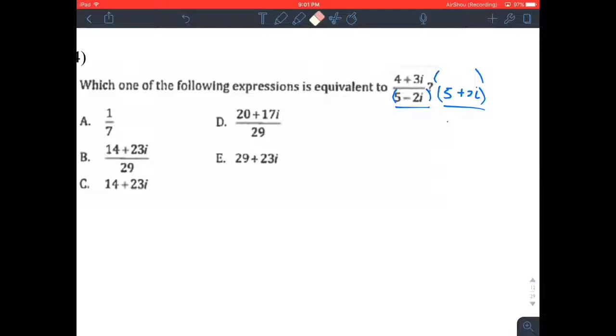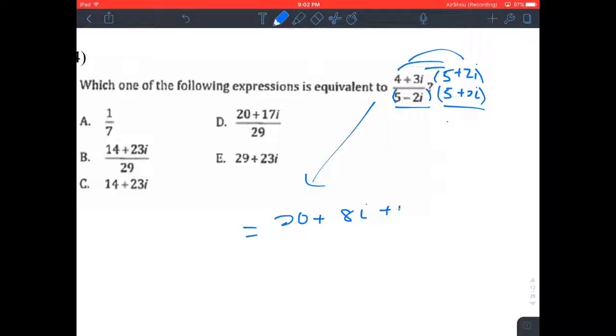I'll just write it sloppy and then erase it. We're going to multiply the conjugate of the denominator times the top and bottom. Using the distributive property, we're going to have 4 times 5, which is 20, 4 times 2i, which is 8i, 3i times 5 is 15i, and 3i times 2i is going to be 6i squared.